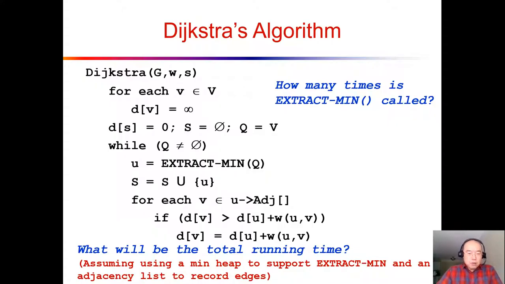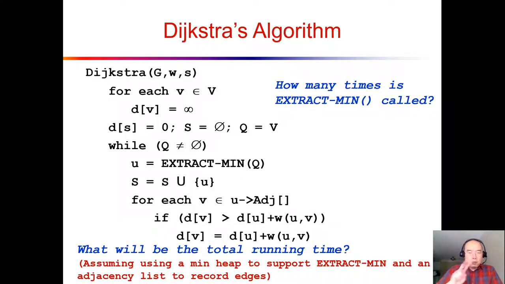To continue our discussion, we have to make a few assumptions. Number one, to do the extract min, we are assuming that we are using a min heap to record the d values. And we are using an adjacency list to record each of the edges.